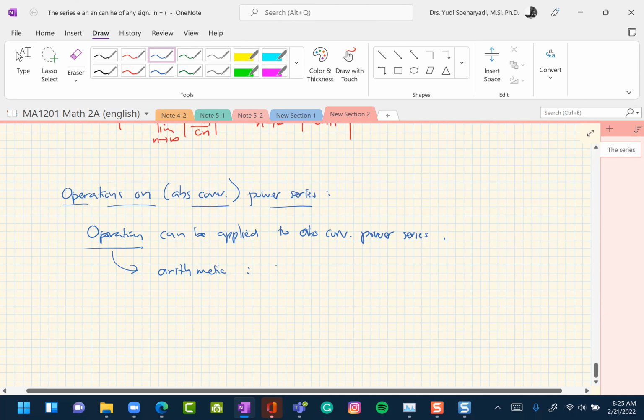So that means you can do summations, subtractions, you can do multiplication, you can do divisions. Of course, if you have divisions, then you must avoid zero. Okay? And you can do calculus operations. That means limit, differentiations, and integrations.